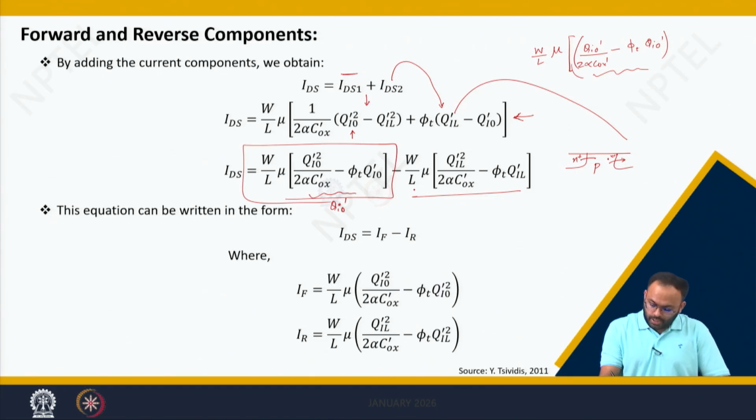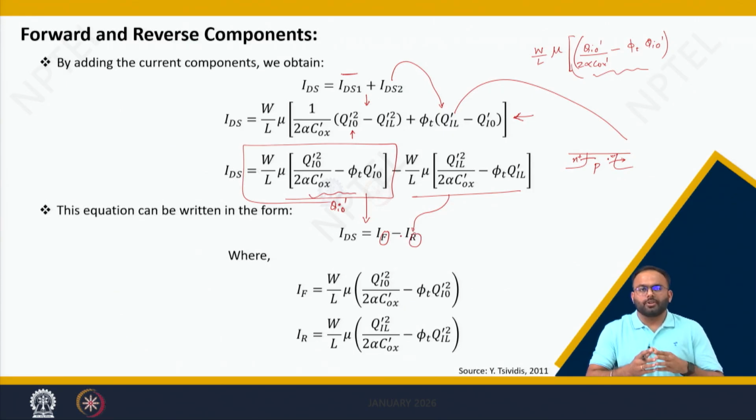So this component is called the forward component, and this component is called the reverse component. So we define the drain current as comprising two components, one is the forward component and one is the reverse component. The forward component is a function of inversion charge at the source channel junction, and the reverse component is a function of the inversion charge present at the channel drain junction.